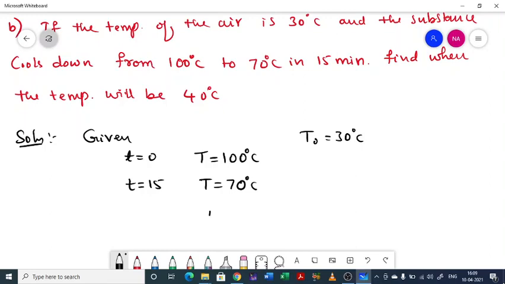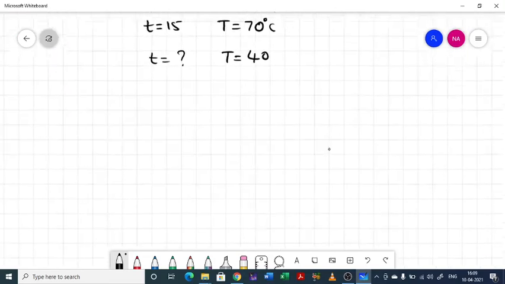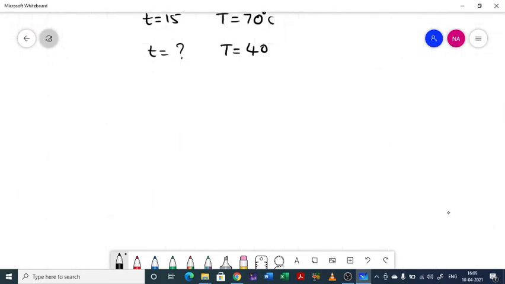We need to find at what time capital T will be 40 degrees Celsius. In the previous problem, time was given and we were supposed to find the temperature. Here temperature is given, and we need to find the time required to achieve that temperature.